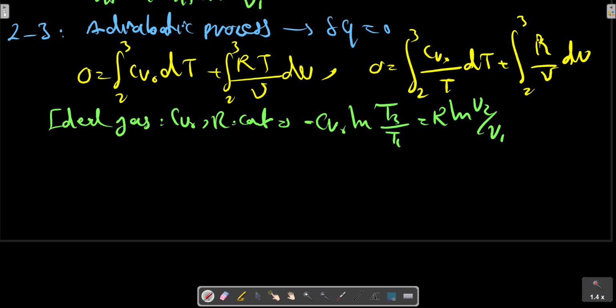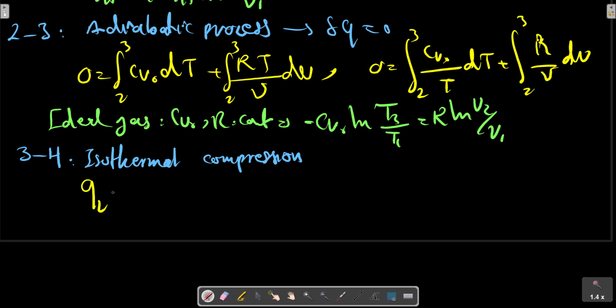For the isothermal heat rejection process 3 to 4, we have the isothermal compression, Q_L, 3Q4.